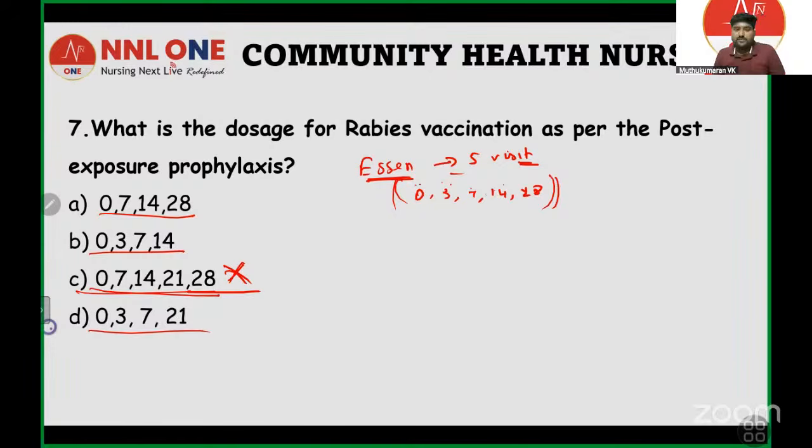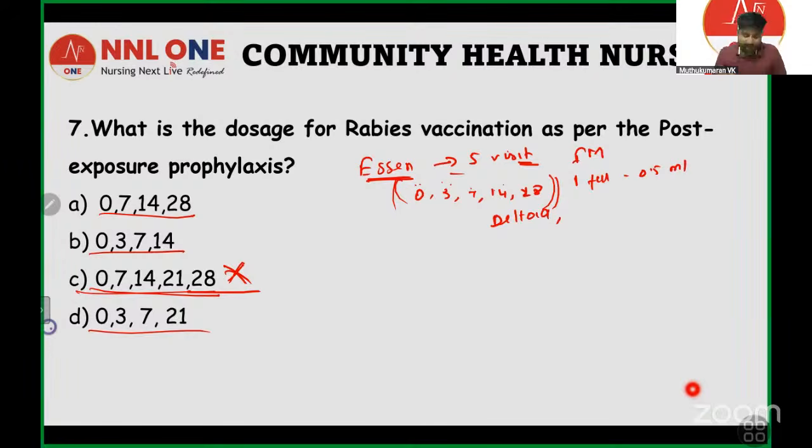So the Essen regimen follows 5 visits, intramuscular route, and one full vial is 0.5 ml. Here we give purified Vero cell rabies vaccine. The route is intramuscular. What is the site? Deltoid, or anterolateral thigh in children.